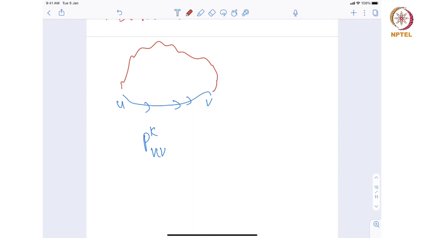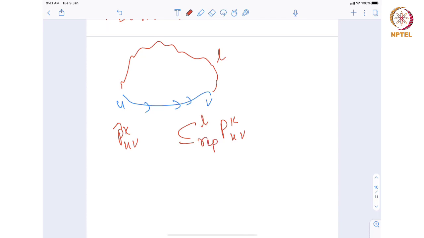Look at this directed cycle. If I knew that the red part has some length L, then what I could do is compute, rather than P_k(u,v), a representative set, P hat_k(u,v), but it is a representative with respect to L.